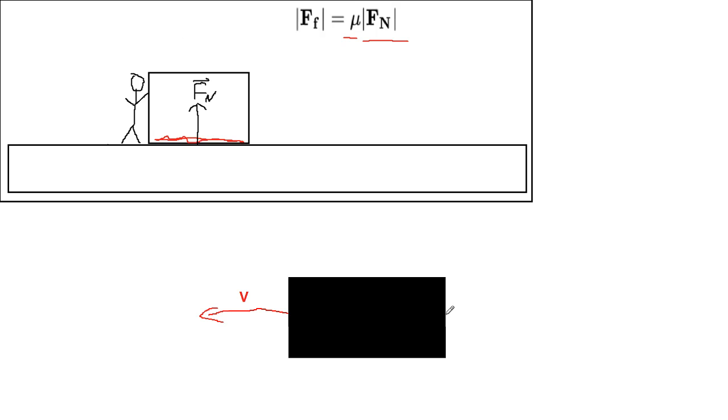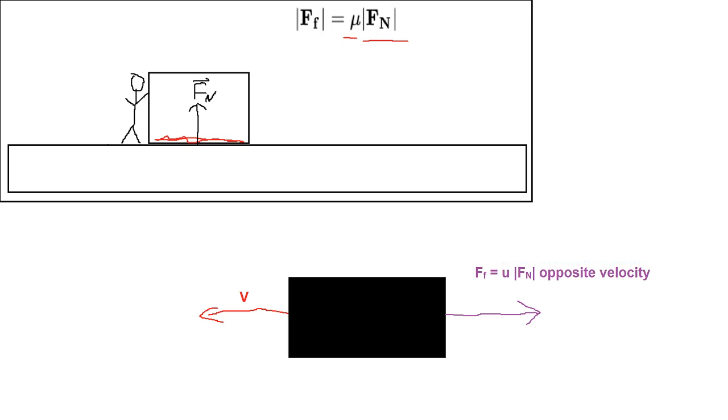The frictional force will always be exactly opposite the direction you're moving in, and it will always have its maximum magnitude. So this frictional force will be equal to the coefficient times the magnitude of the normal force, and its direction will always be opposite velocity.